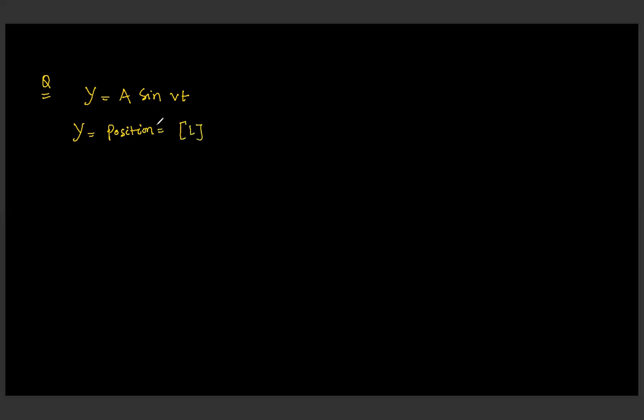It is L. A is amplitude. You have studied about waves, right? In sound waves and many kinds of waves you have probably studied this. It is the maximum displacement in both directions of the wave, called amplitude. It is nothing but a distance. So A has a dimension of L.